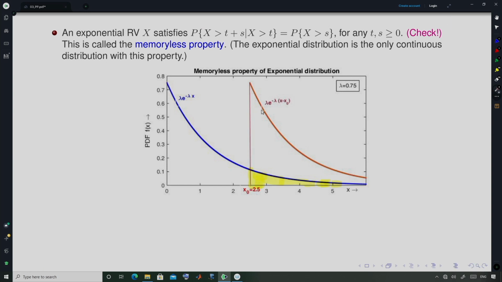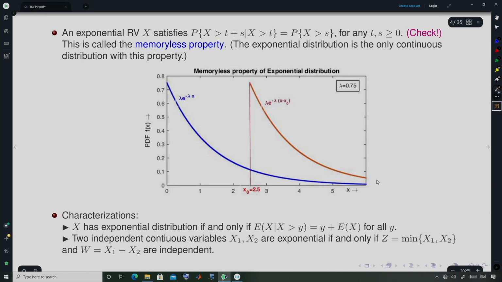The exponential distribution is the only continuous distribution whose tail, when you magnify it, exhibits the same behavior as the original distribution when you start from the beginning. This plays an important role in Markov analysis.